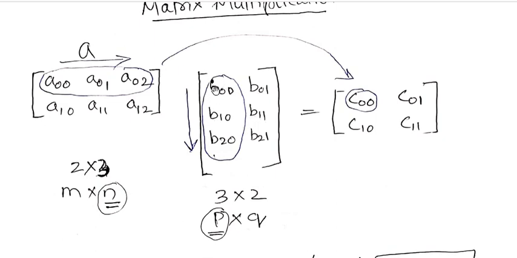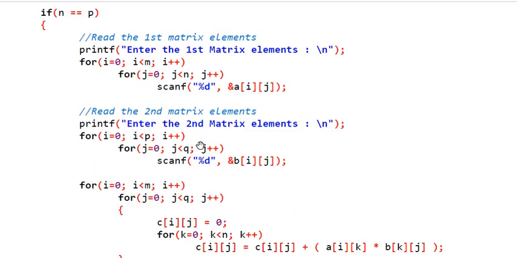Once we have the i value as 0, j will go from 0 to 1. Once we have the value of i as 1, j is 0 to 1. Once the value of i is incremented to 2, j will go from 0 to 1. That is how we read both the matrices. So the reading part is very simple.